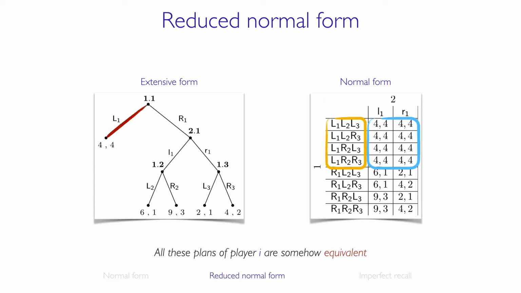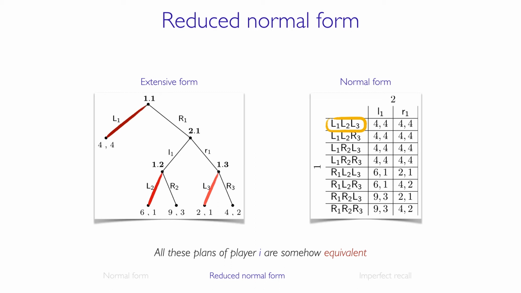Consider, for instance, action uppercase L1 and all the plans of player 1 that include that action. They are all the plans marked in orange in the picture. All these plans lead to the outcome 4, 4. In some sense, all these plans are equivalent. All these plans specify the behavior of player 1 at information sets that are not reachable due to action uppercase L1.